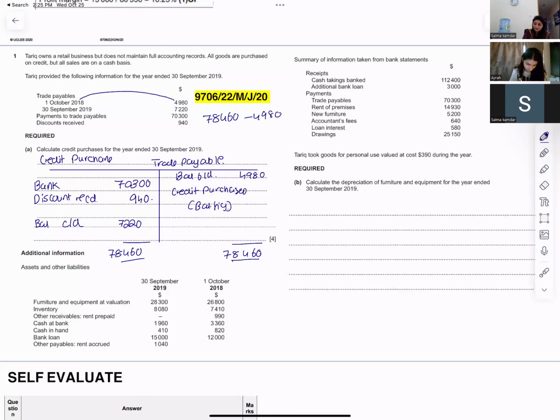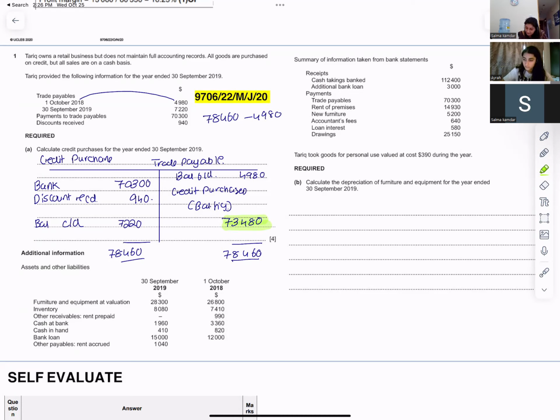How much is your credit purchases? It's 73,480. Okay, fine.